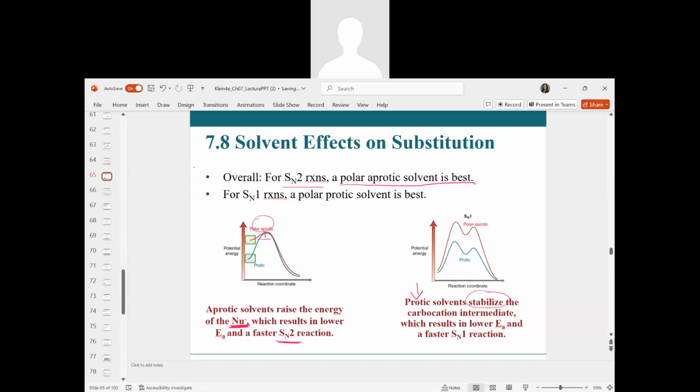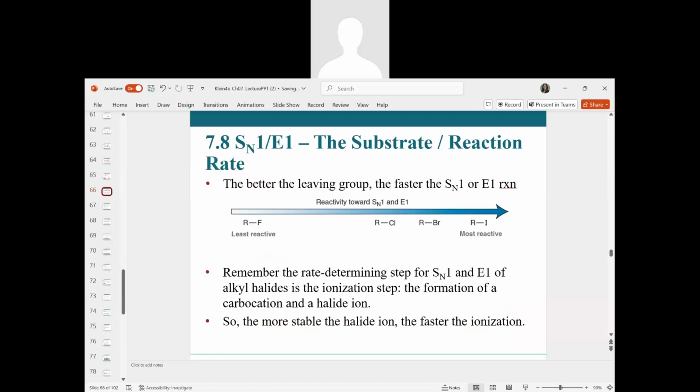These are able to stabilize our carbocation intermediates, which would then lower the activation energy and make SN1 reactions faster. So again, we see that down here, polar protic increases the rate of SN1. Remember, SN2, polar aprotic; SN1, polar protic would increase the rate.